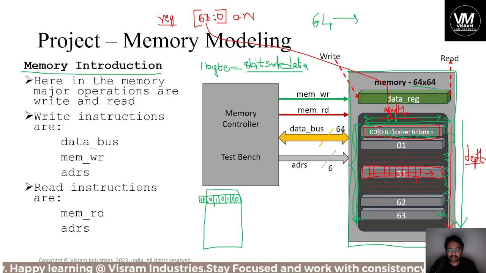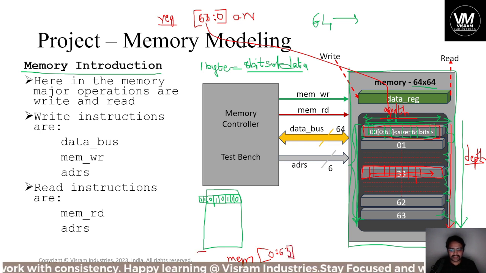So now memory representation can be done with the number of registers that you have. You have 64 registers, and each register has 64 bits.